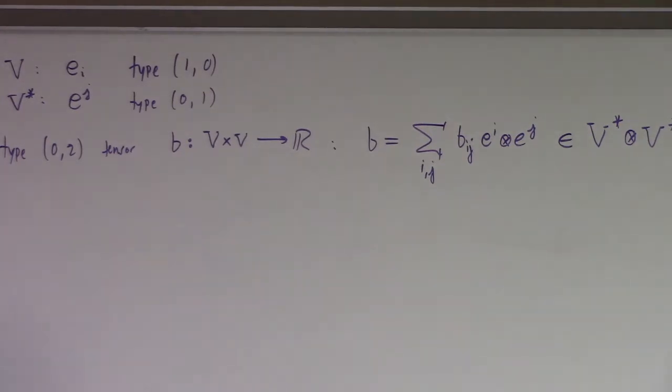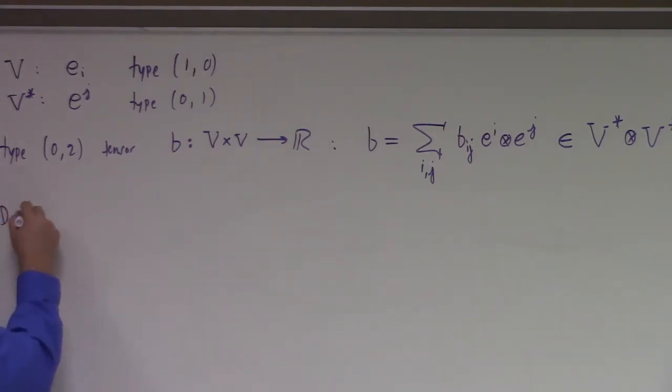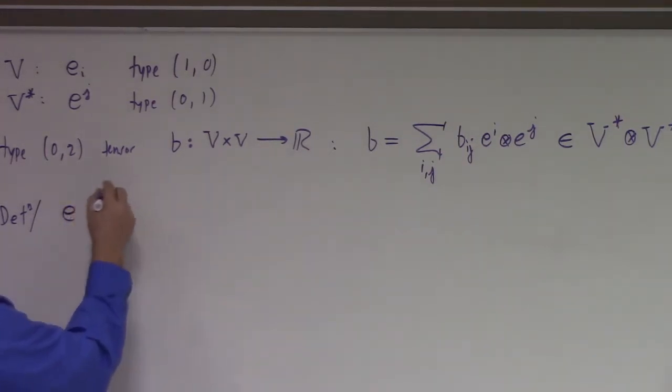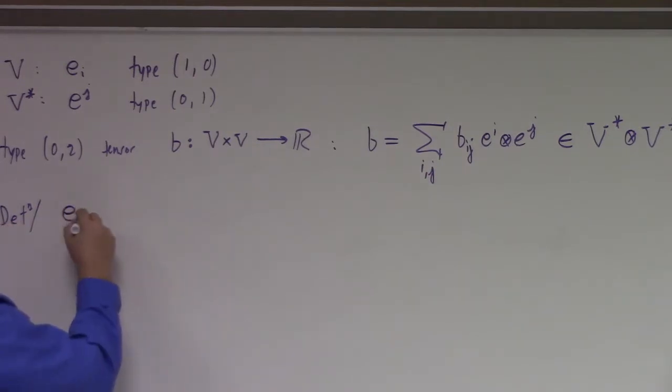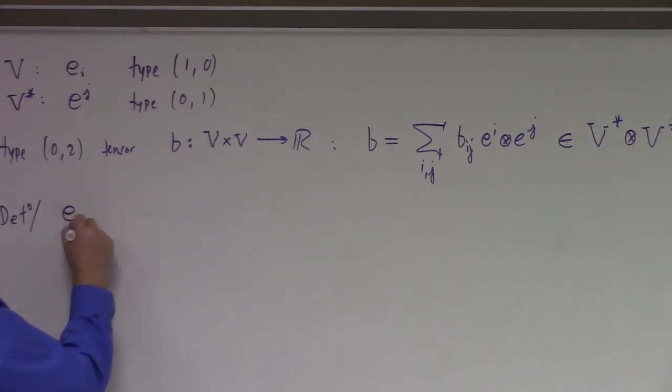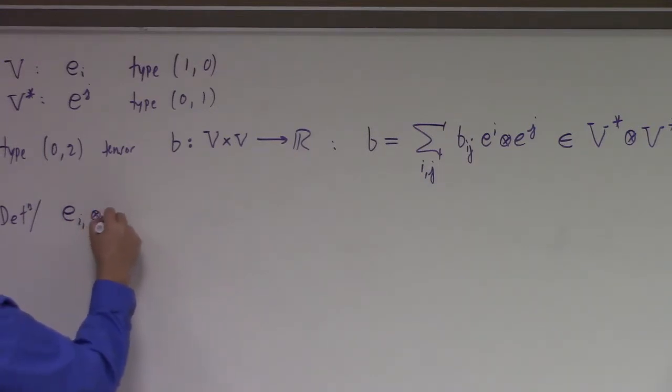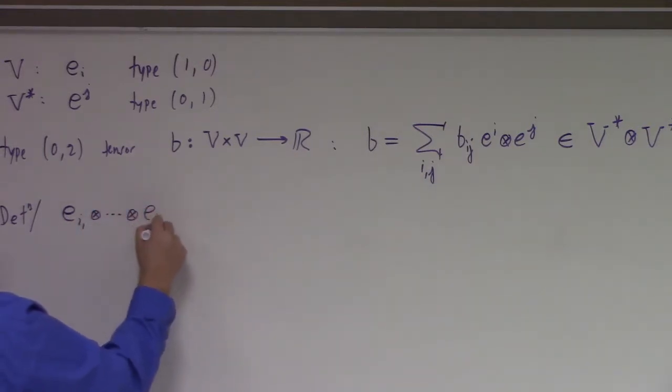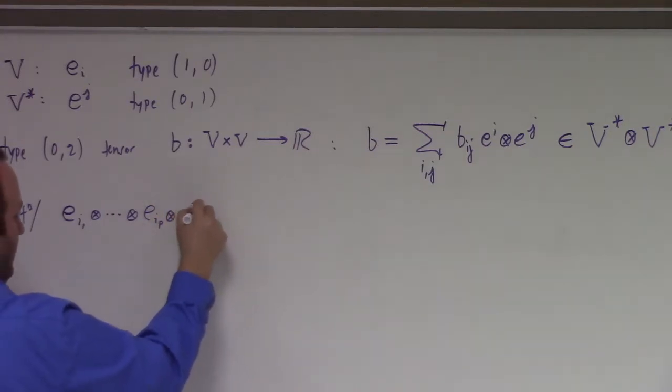So I guess, technically speaking, I didn't give you some important definitions that I really should. They're not very exciting, but they should be made. So, for example, what's the definition of E_i1 tensor ... tensor E_ip tensor E^j1 tensor ... tensor E^jq?